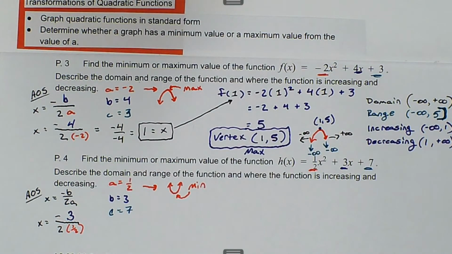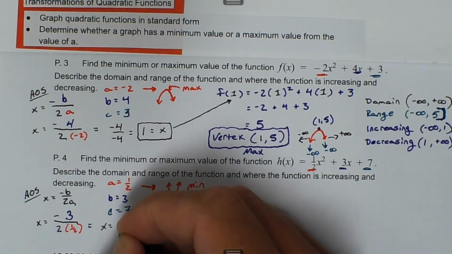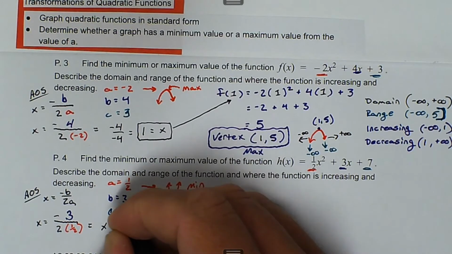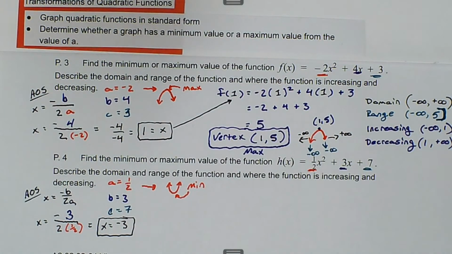And we substitute those in, and we end up with negative 3 because 2 times 1/2 is 1. And so we end up with x equals negative 3. So the vertex happens on the axis of symmetry.